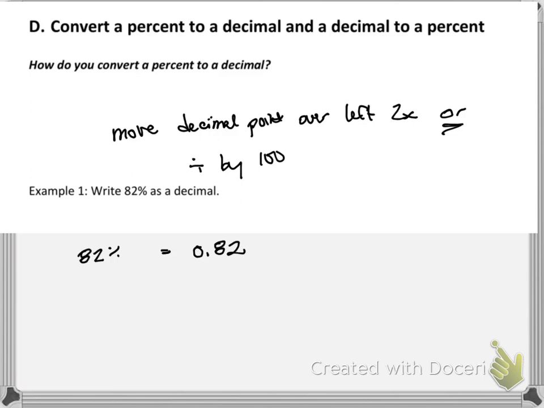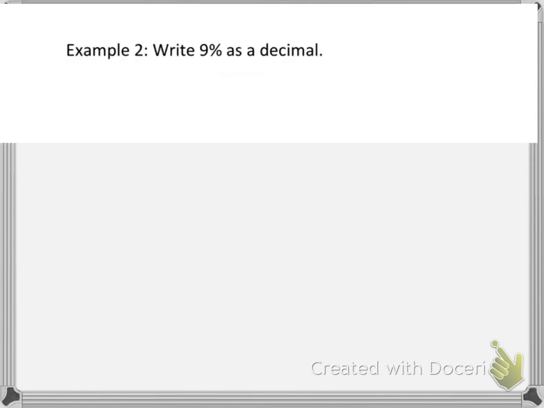Okay, and to get that, literally all I did, my decimal point is here, I moved it over 2 times, and then I just put a leading 0 there. That's all I did. Okay, all right, how about 9%? So right now I have 9. If I move this decimal place right here over 2 units, notice I have this sort of blank space here. I need to fill that in with a 0, put in a leading 0, so 9% is 0.09.